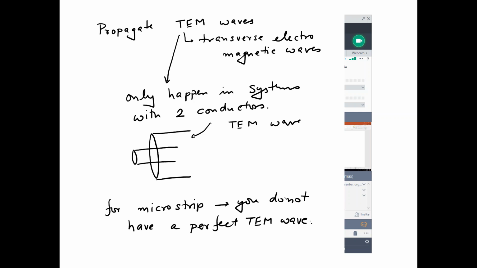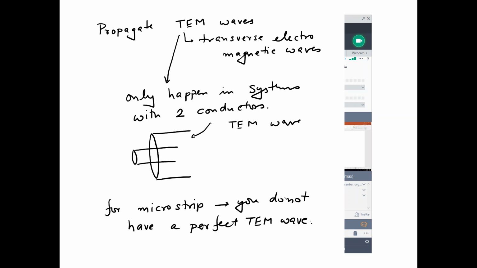That circuit theory which is developed, which is based on L and C, the effective inductance per unit length and the effective capacitance per unit length, is based on the assumption that there is a TEM wave going through the cable or through the transmission line. It's only accurate for those transmission lines where there is a TEM wave. But there are many transmission lines where the TEM wave doesn't even really happen.